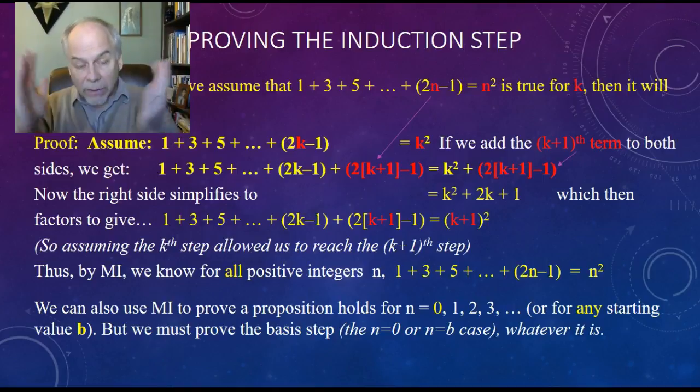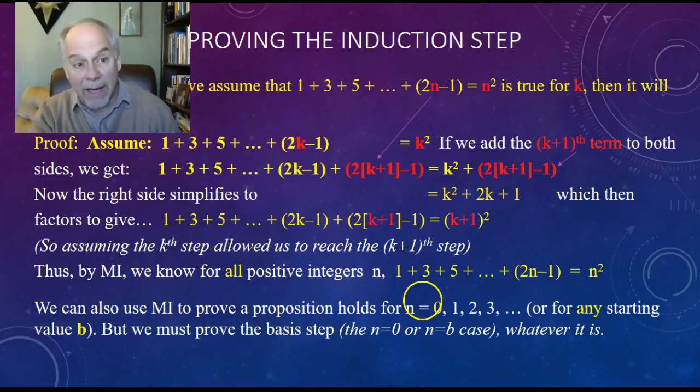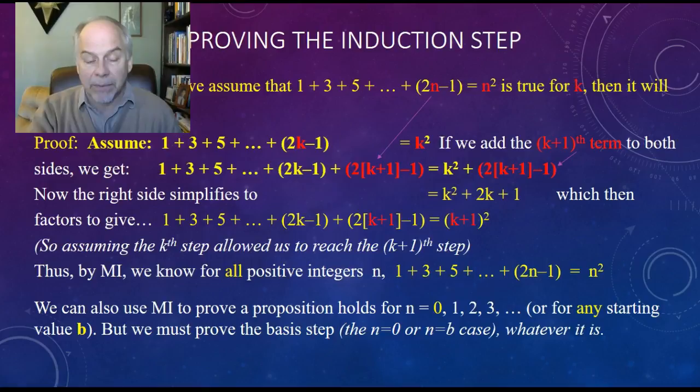We don't always have to start at 1, but we would have to prove the basis step, step 1, the n equals 0 case, or the n equals b case, whatever the starting value b is, which is called the base case. We'd have to show that it works for that. All right, so study this example, and that's similar to some of the examples that you'll have to do in the homework.